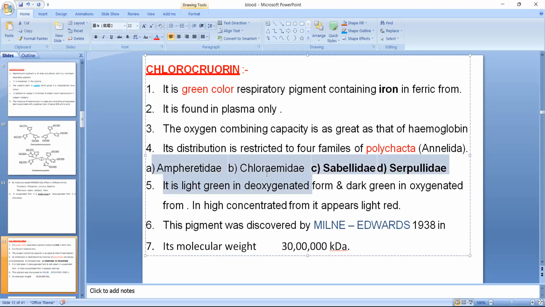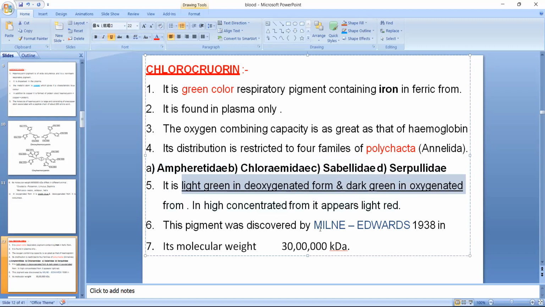In these animals chlorocruorin is present as a respiratory pigment. It is light green in deoxygenated form and dark green in oxygenated form. That we should also remember, and it was discovered by Milne Edwards.